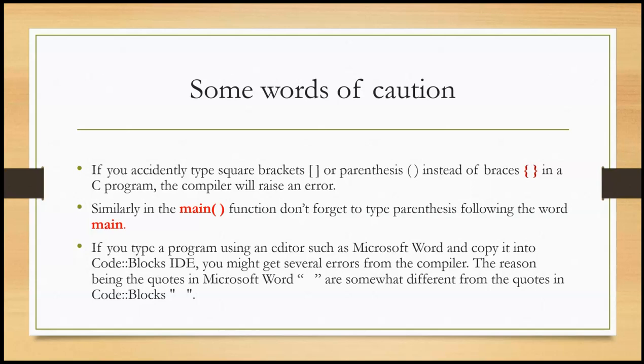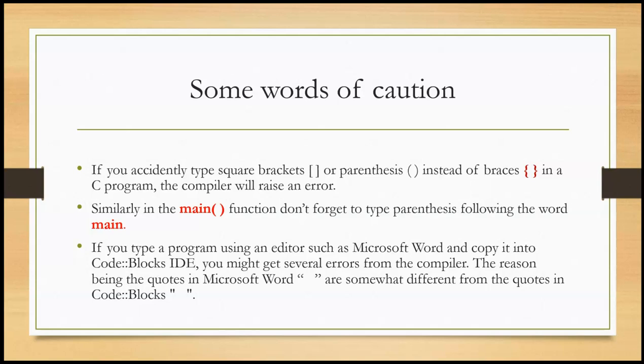Now some words of caution. If you accidentally type square brackets or parentheses instead of braces in a C program, the compiler will raise an error. Similarly, in the main function, don't forget to type parentheses following the word main.